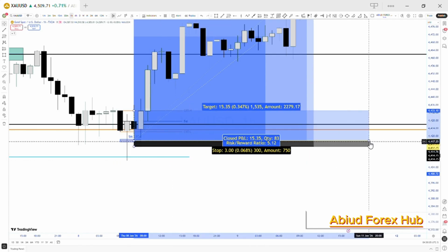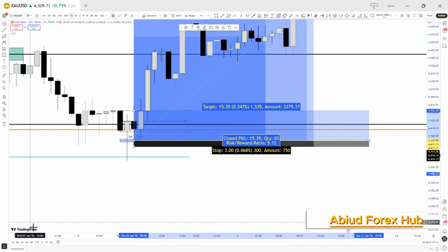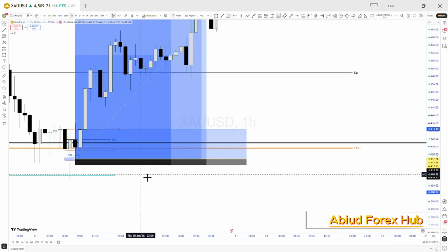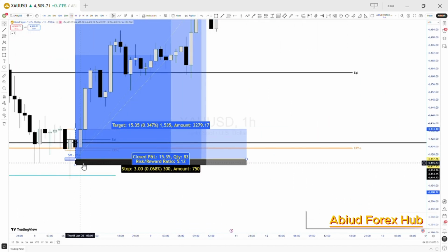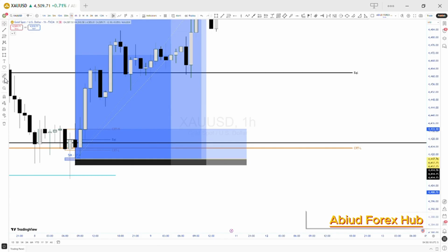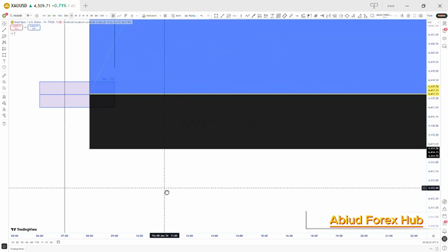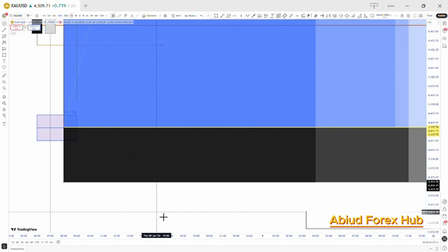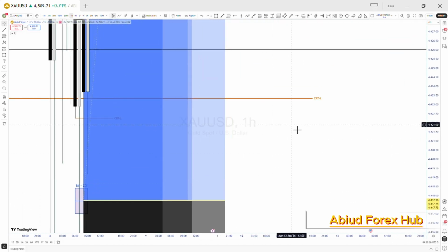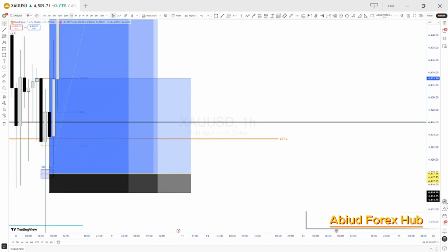Yeah, you get to that level. You can even move it slightly back this way, but you get to that level and get your profit. And then yes, this level, and get your profit hit very well.